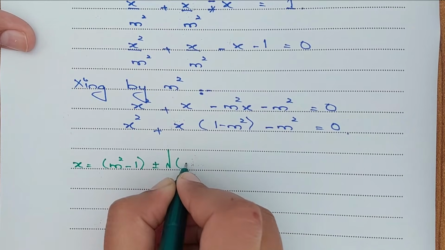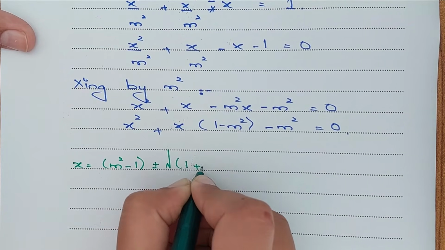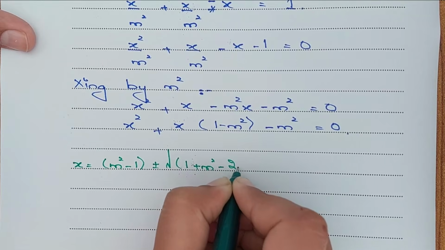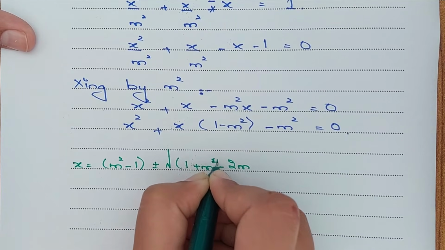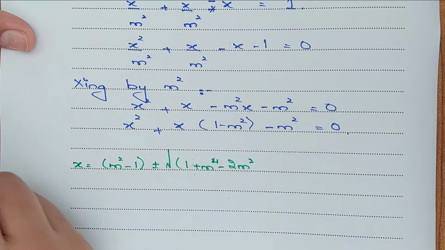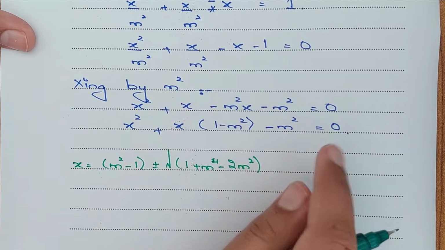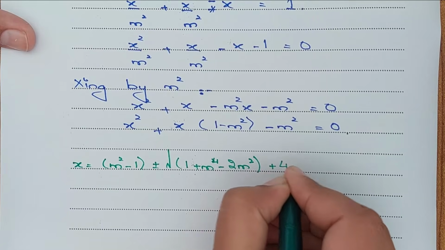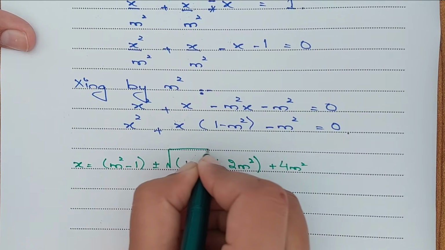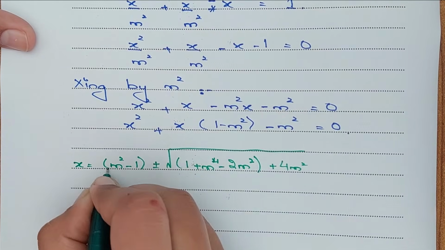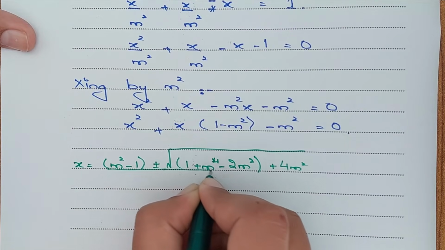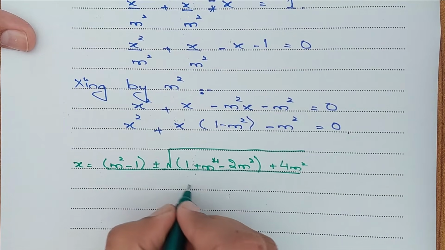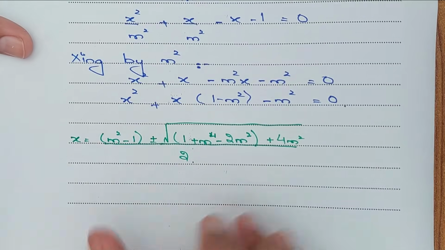So this term squared, which is 1 plus m to the power 4 minus 2m squared, minus 4ac, minus times 4, a is 1 and c is this, so positive 4m squared. This whole divided by 2 times the a value, which is just 2, right?